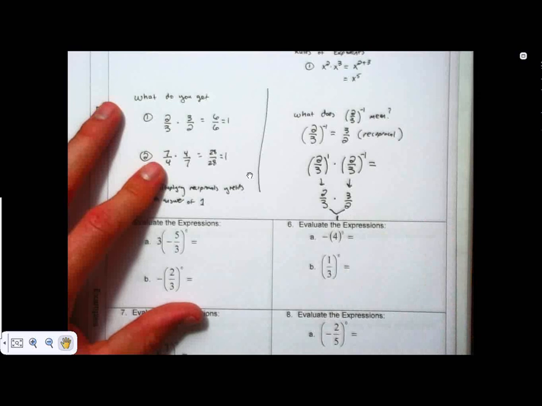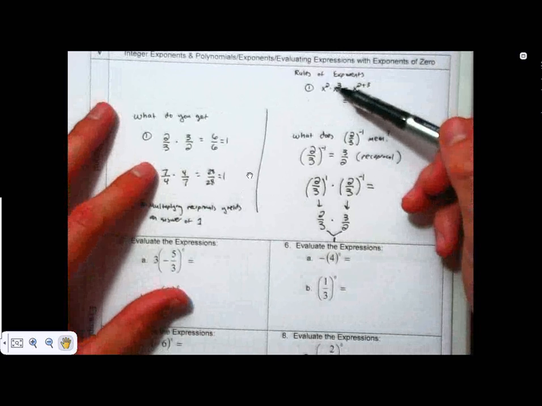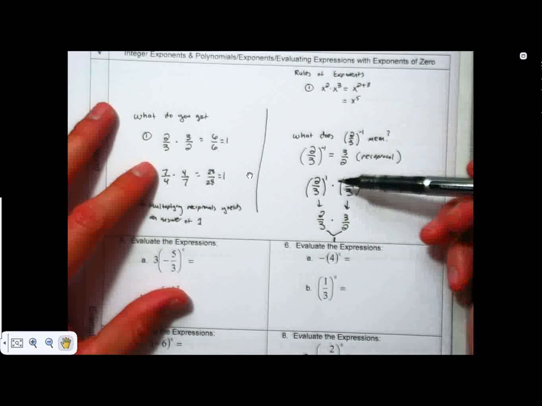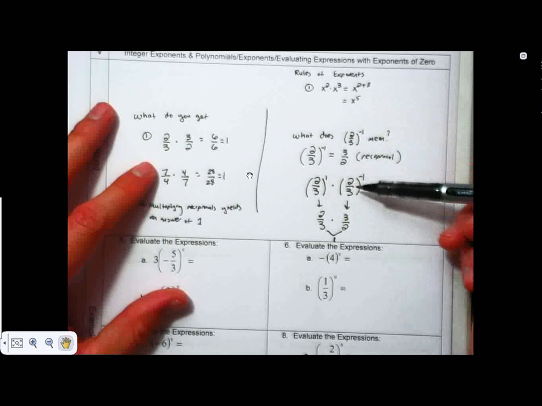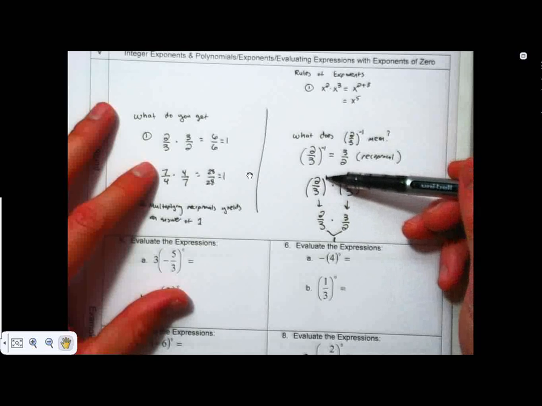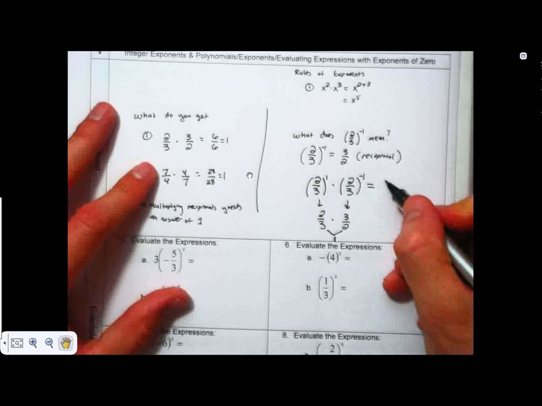But there's a second way I can do this problem, and that's to use my rules of exponents. Since 2/3 and 2/3 are like bases, if I add my exponents together, 1 and negative 1 give me 0.